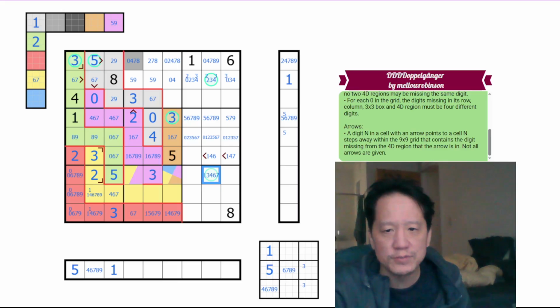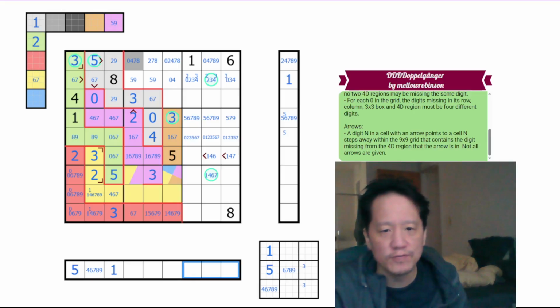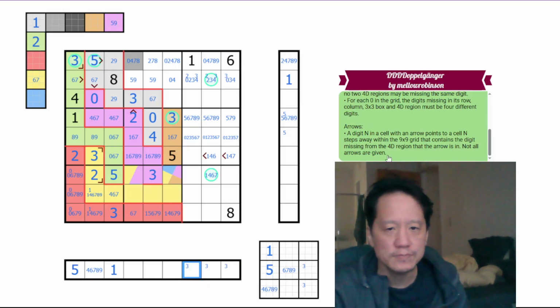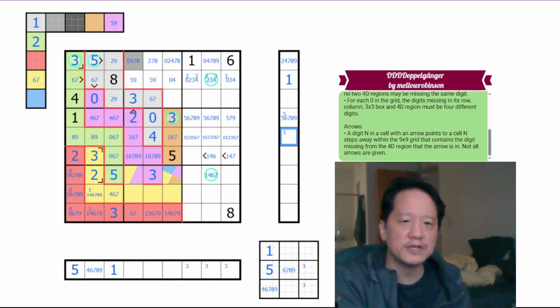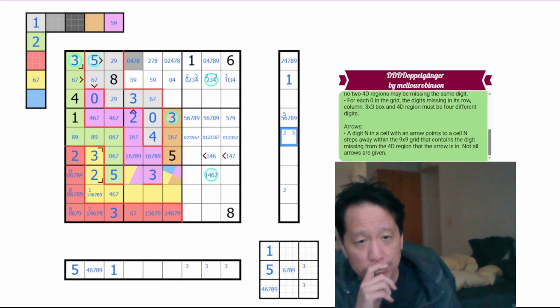3 eliminates 3 here. So we're missing a 3 in one of columns 7, 8, or 9. We're missing a 3 either in row 5 or row 8. That's interesting.